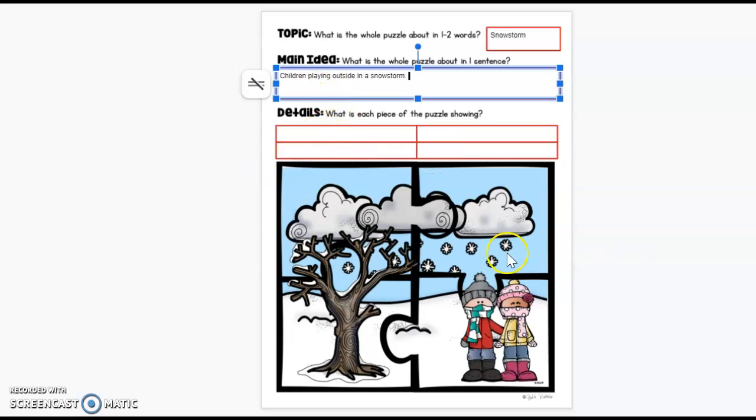How do we know that that's what this picture's about? Well, we see snow on the ground. We see snow falling from clouds. And we see children bundled up in their snow clothes.